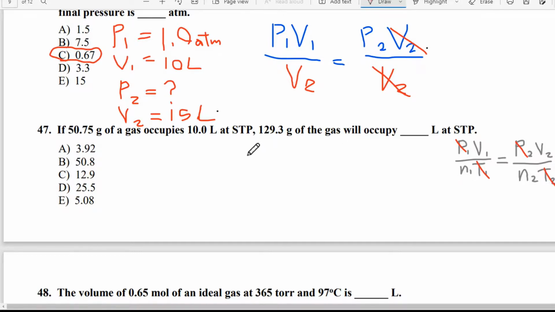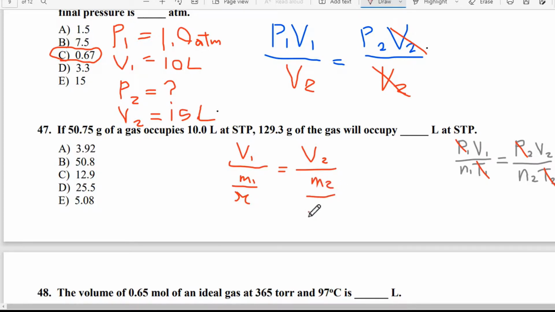So I can write this as volume 1 over mass 1 over molar mass is equal to volume 2 over mass 2 over molar mass.